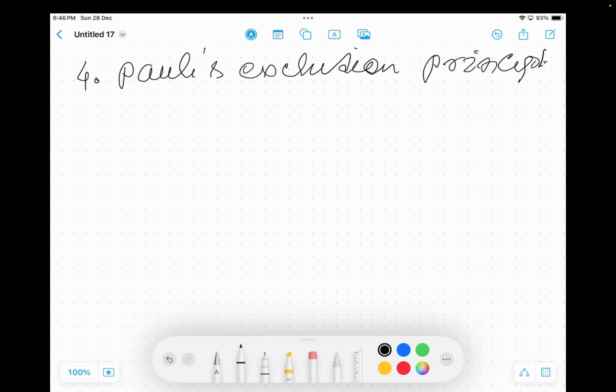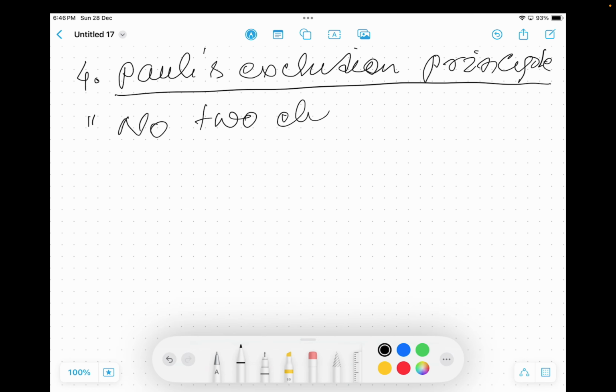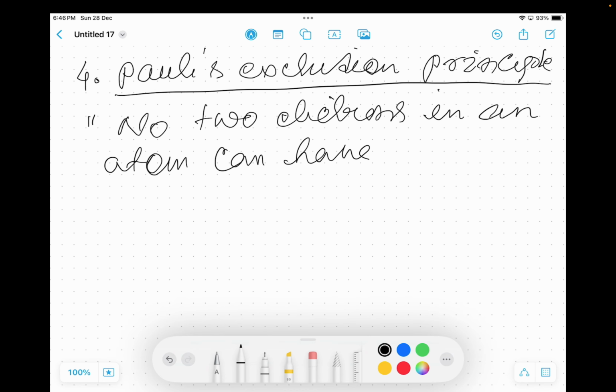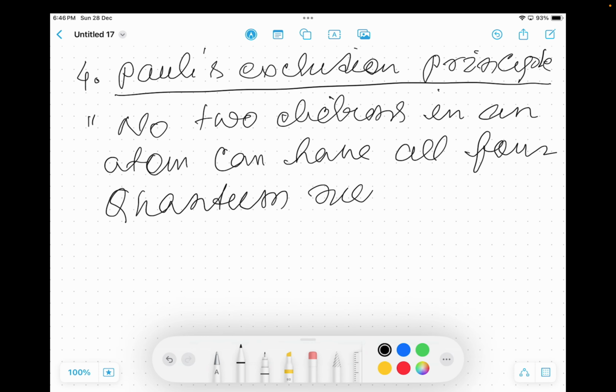Actually, the Pauli exclusion principle has a statement: no two electrons in an atom can have all four quantum numbers the same.